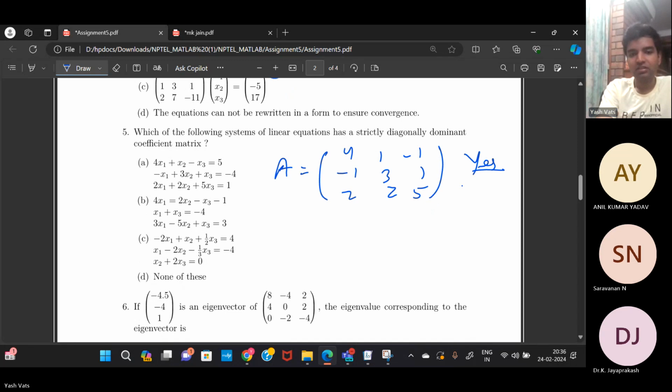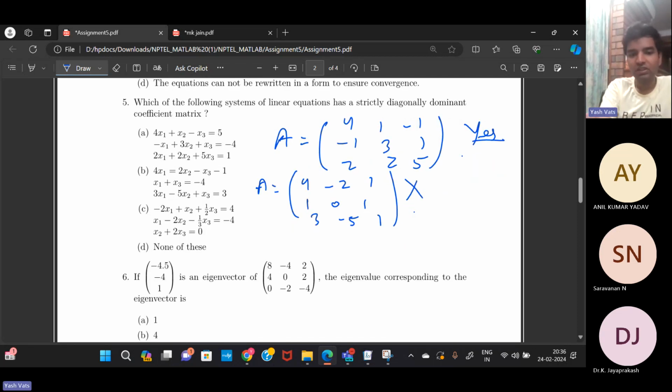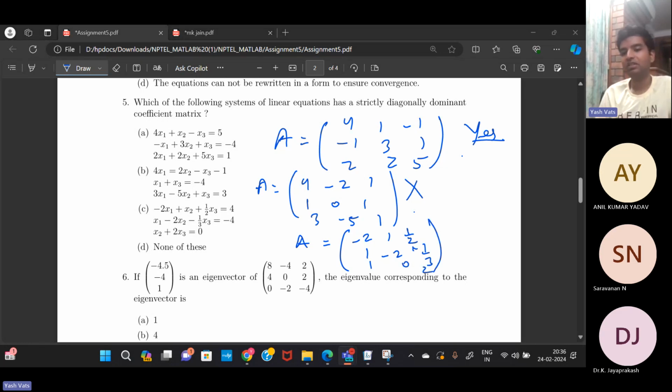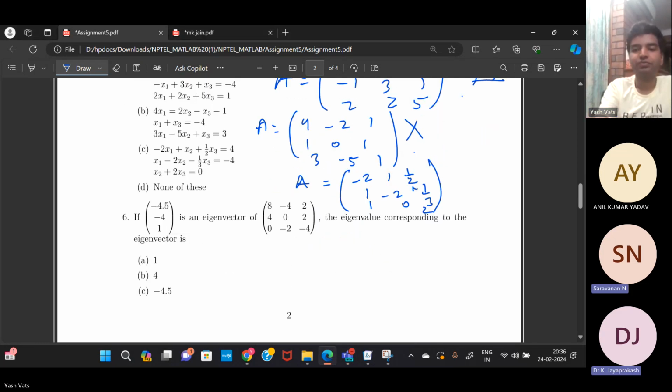Second one, A is 4, -2, 1, 1, 0, 1, and 3, -5, 1. Is this strictly diagonally dominant? No. Third one, A is -2, 1, 1/2, 1, -2, -1/3, 1, 0, 2. Is this strictly diagonally dominant? Third one, yes.